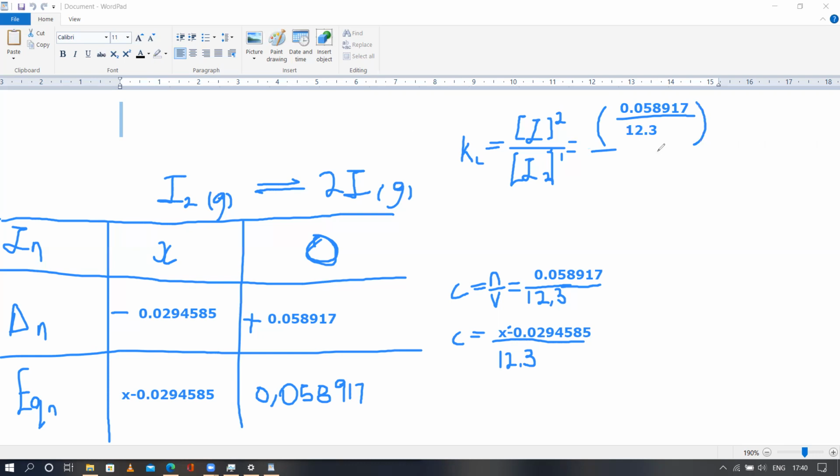Oh yeah, so it's squared. This is gonna be divided by x minus 0.0294585 divided by 12.3.